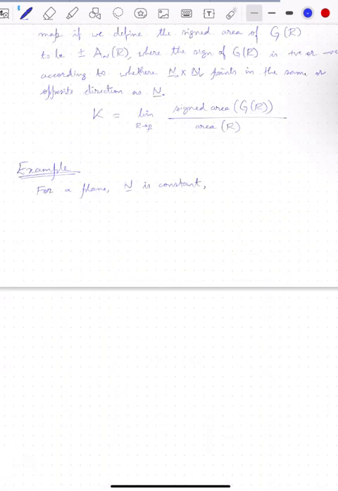So looking at an example of a plane, n vector is constant, right?